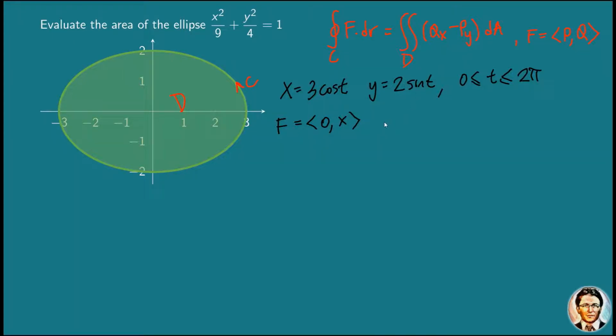By using Green's theorem, it will give us the area, because Qx minus Py is equal to 1, and the line integral will be the double integral over the region D of 1, so it will give us the area of D, which is the area of the ellipse.